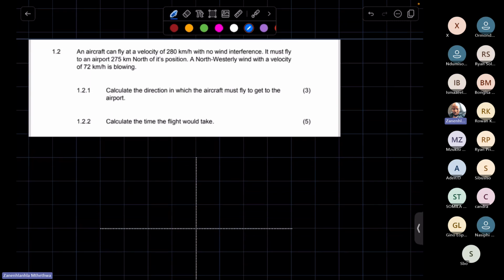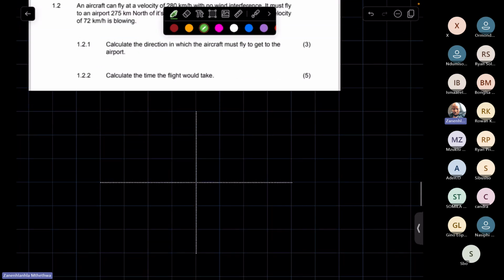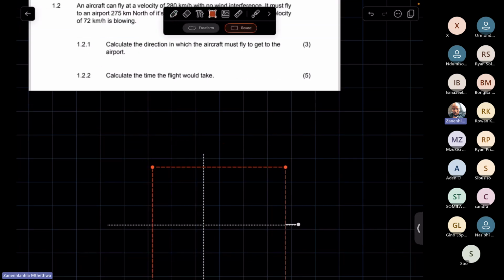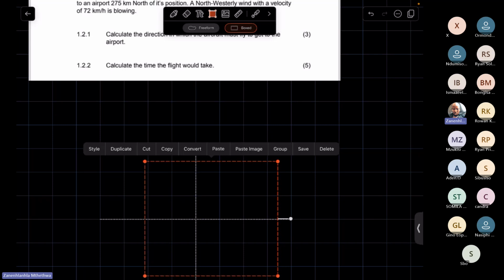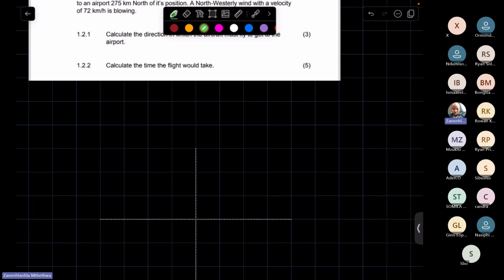That one we won't draw at the moment because we don't know the direction of the original vector. But the direction of the vectors we do know is the direction of the resultant. We know the direction of the resultant.